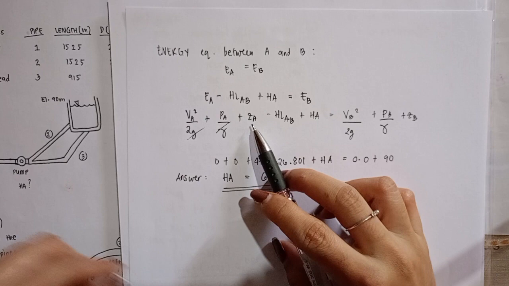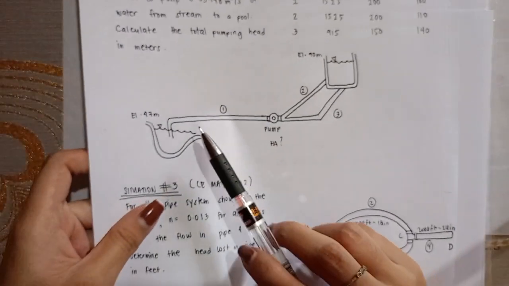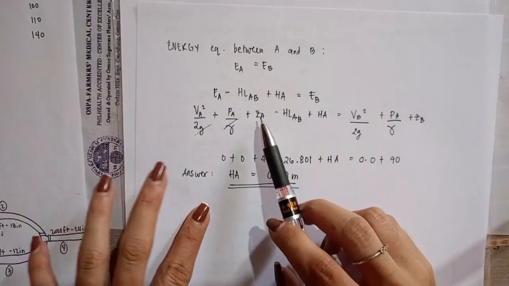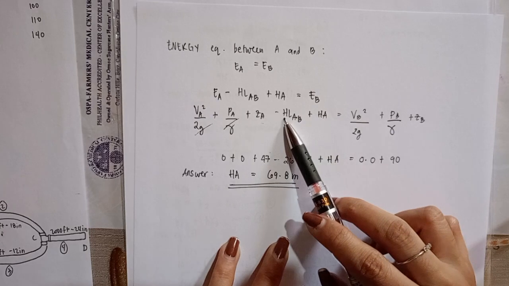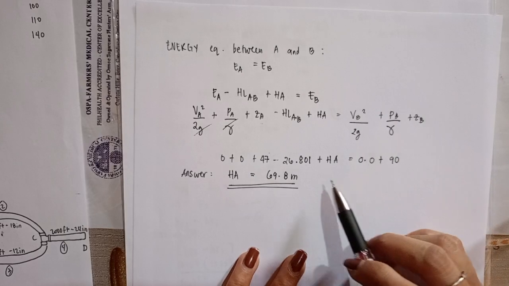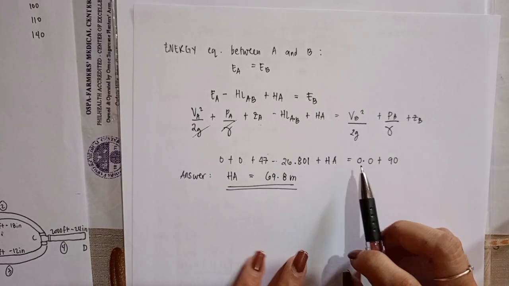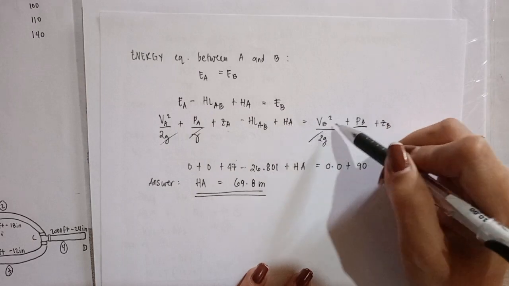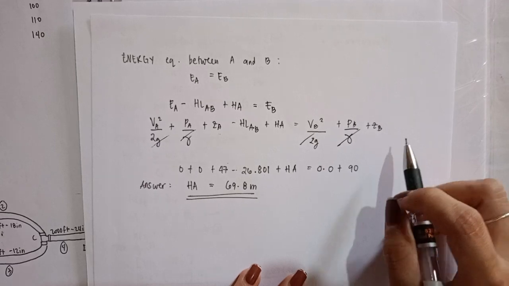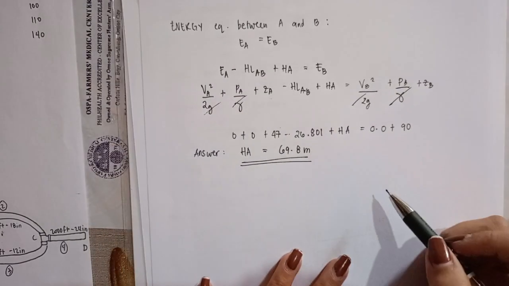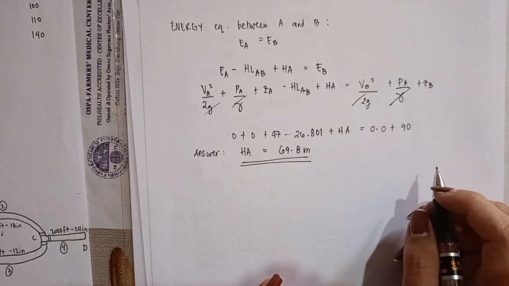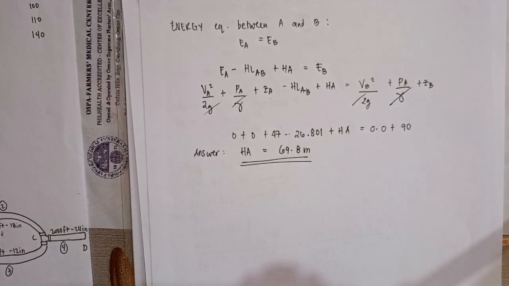But we have an elevation head of 47 meters over here and 90 meters for B. So input it, ZA 47, minus the answer we got earlier, 26.801, because it is head loss, and plus the head added, what we are looking for, is equal to 0, again, cancel, plus 90 for the elevation of B. So we got an answer of 69.8 meters. And so the total pumping head in meters is 69.8 in this problem.